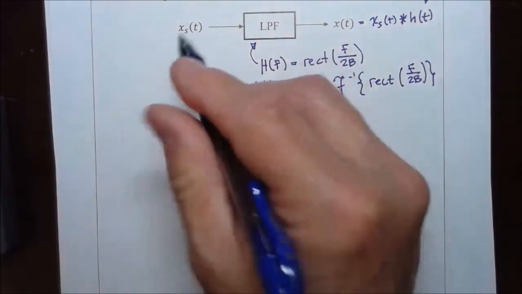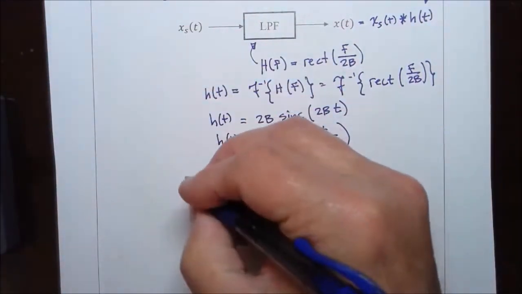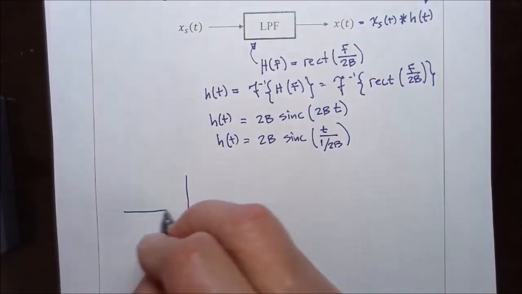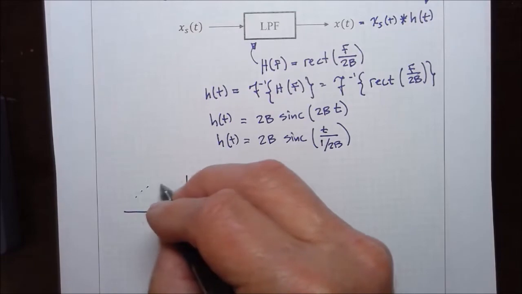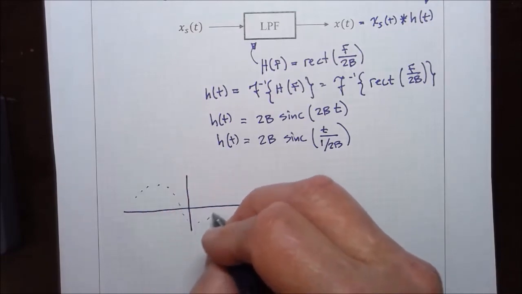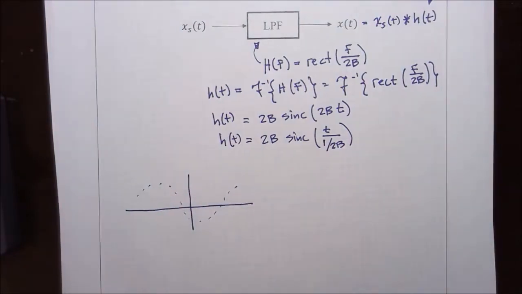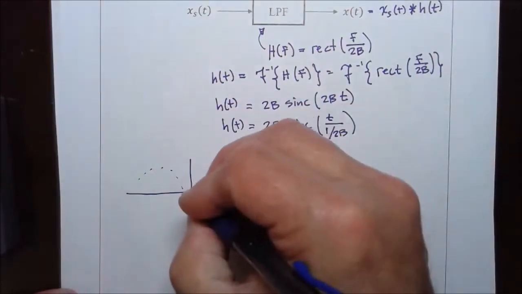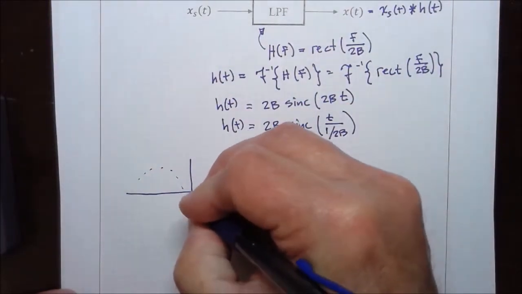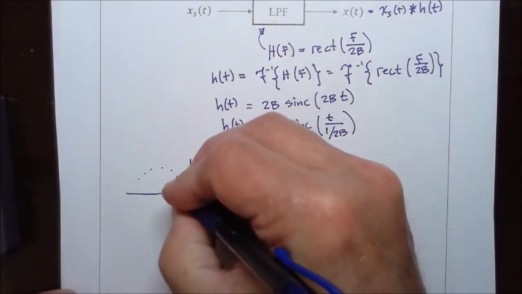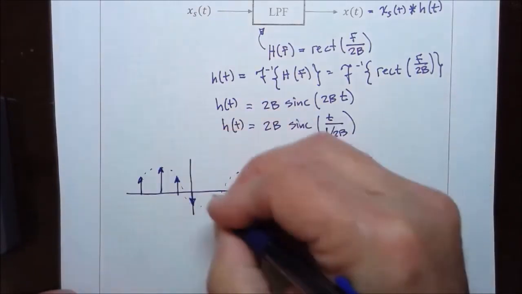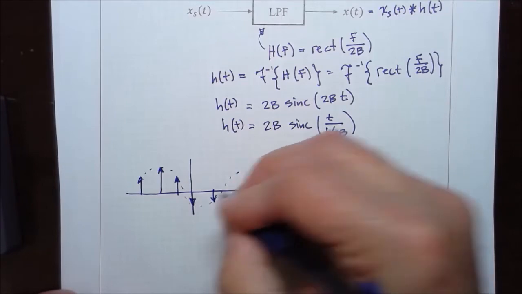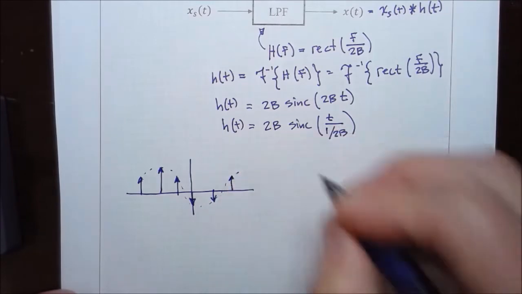Now remember, our input signal is the sampled time signal, which is a train of delta functions, each with a different weight.